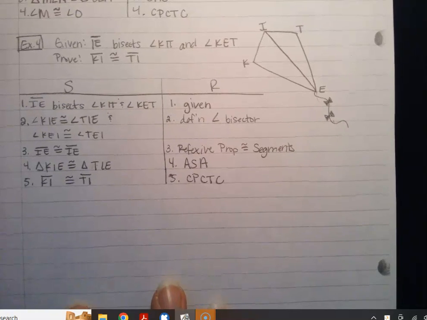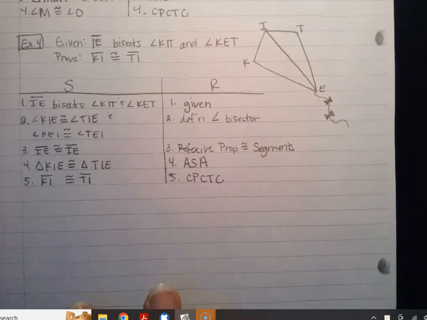Okay, so let's look at 4 then. We're given that IE bisects angle KIT and angle KET. What does bisects mean? What does it mean? Cuts through it? Bisects it. What does bisects mean?